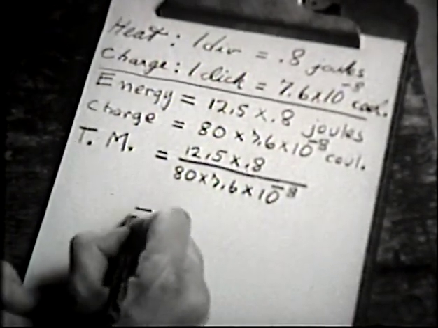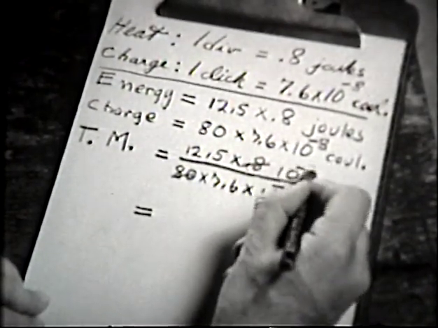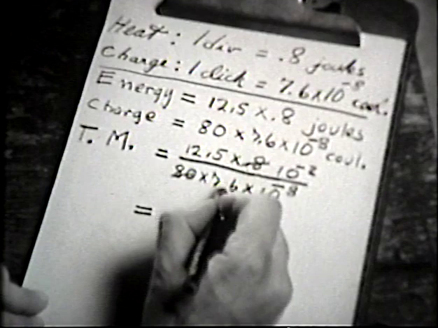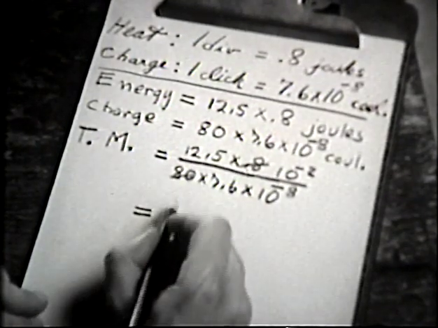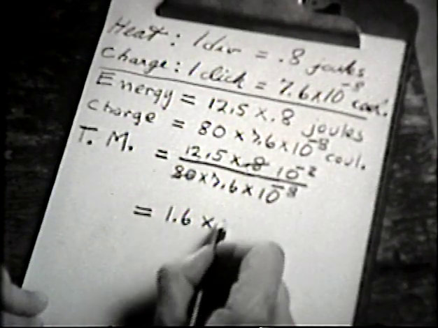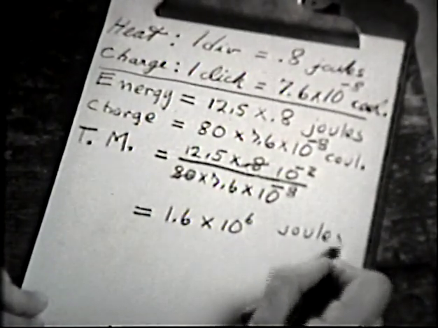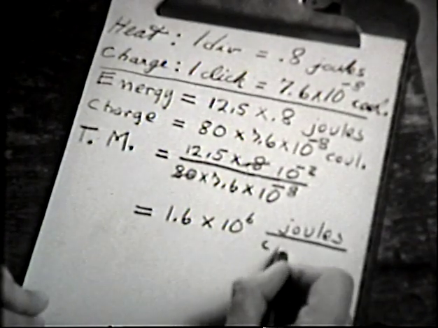This is about, 7.6 into 12.5, about 1.6 times 10 to the 6th joules per coulomb.